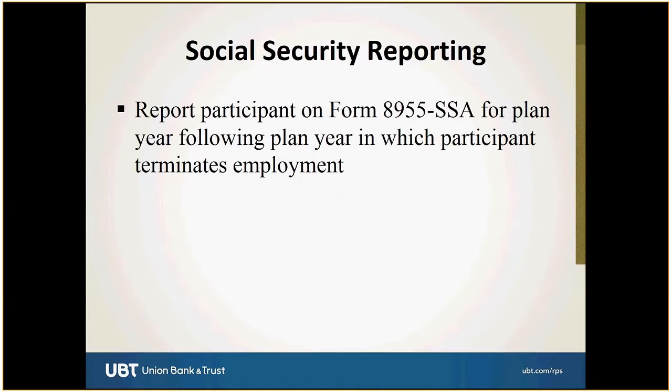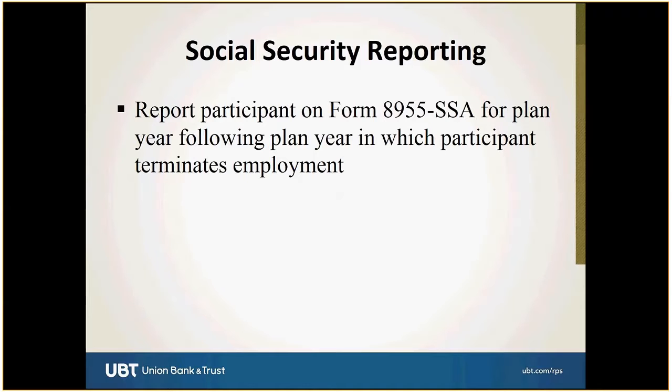Where we really see it come into play is when a plan moves from one provider to another provider, and the new provider doesn't necessarily know who's been reported or not been reported previously on the 8955, and occasionally updating the 8955 for a terminated participant who has received a lump sum distribution falls through the cracks. Then the Social Security Administration tells the participant they might have some benefits in Union Bank.